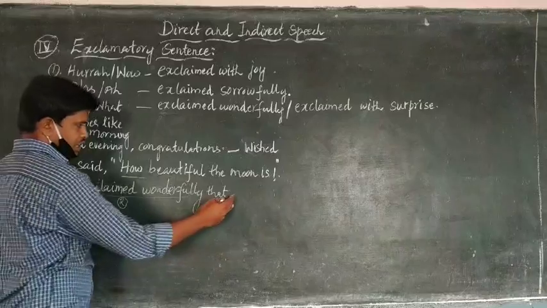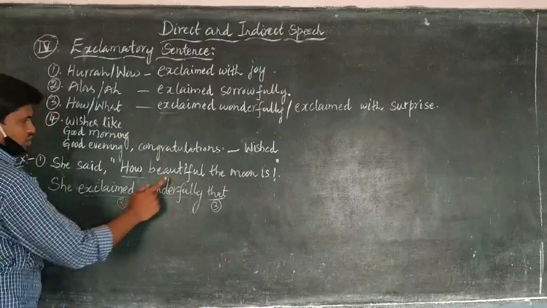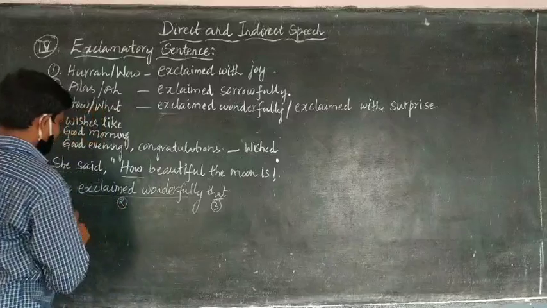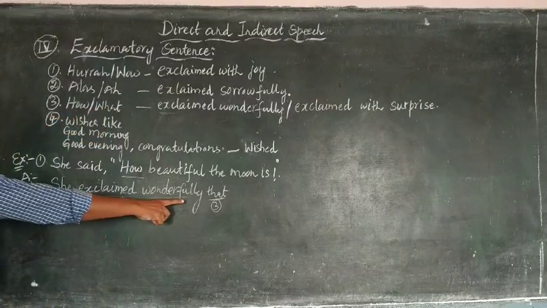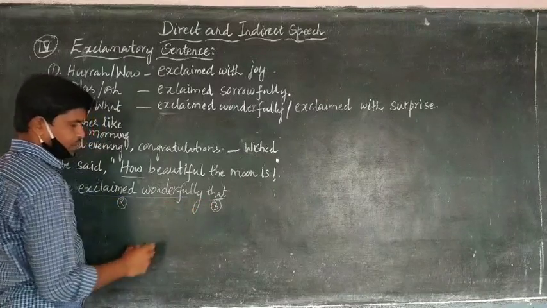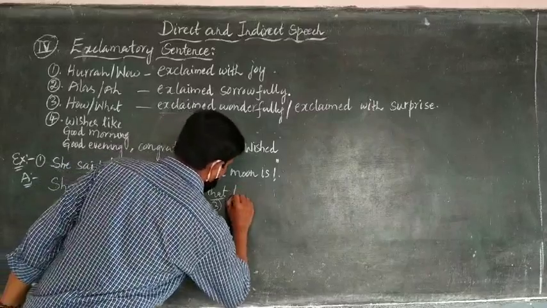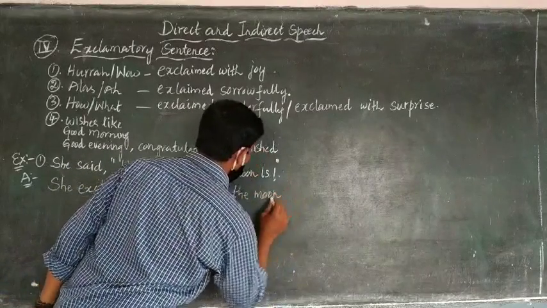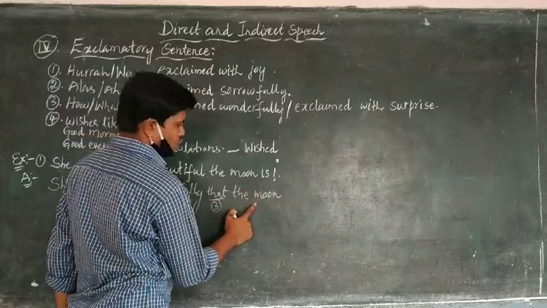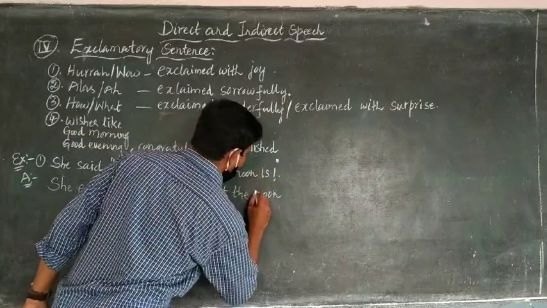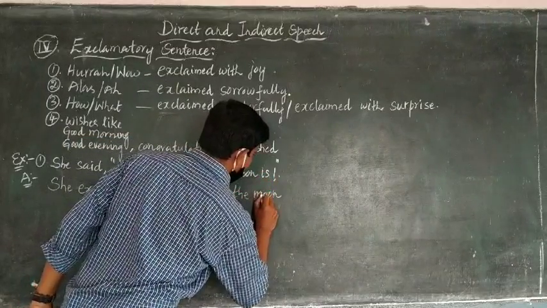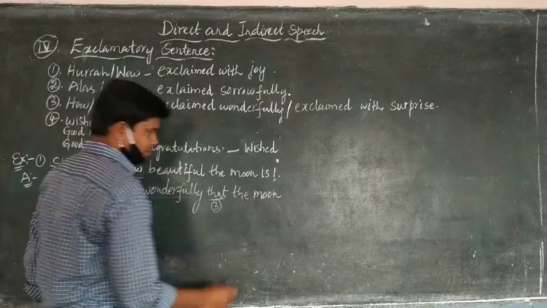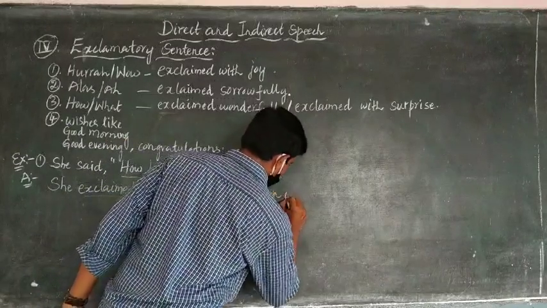So now what is the subject in the sentence? The moon. She exclaimed wonderfully that the moon is here. So this is singular. Moon is singular. That's why we have to write here was. The moon was.